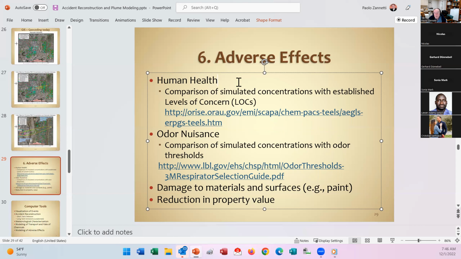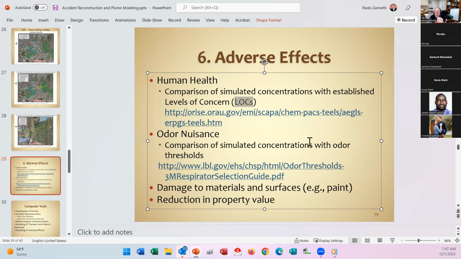Typically, there is a level of concern established in the literature that should not be exceeded. There are two types of level of concern. There are concentrations below which you do not expect health effects, safe values.